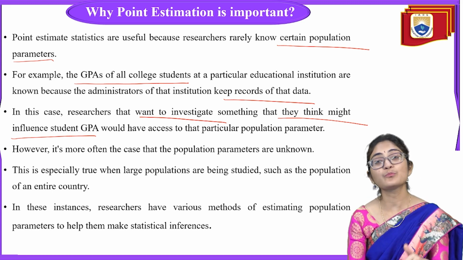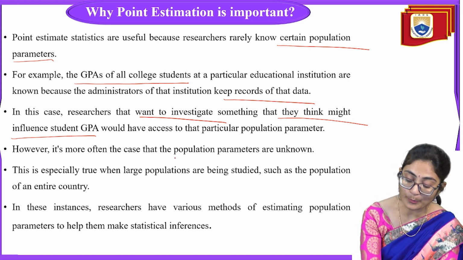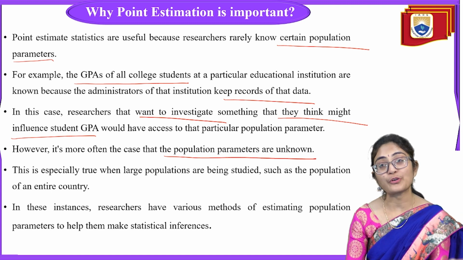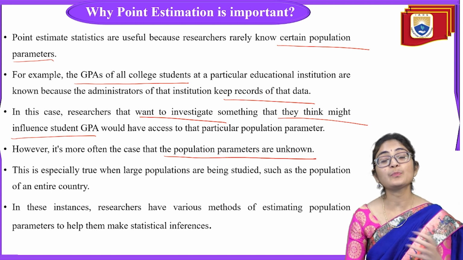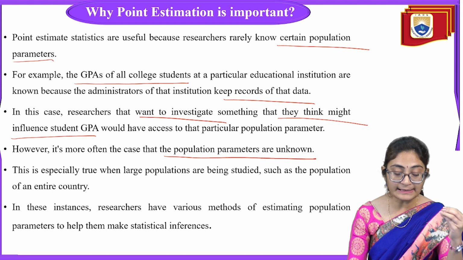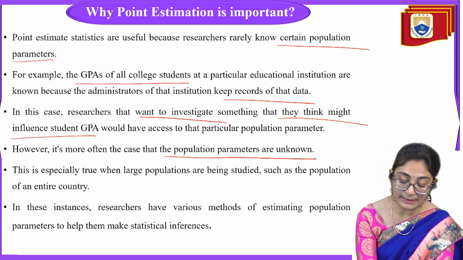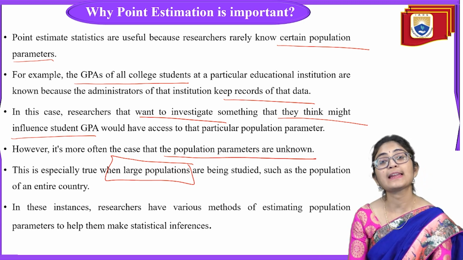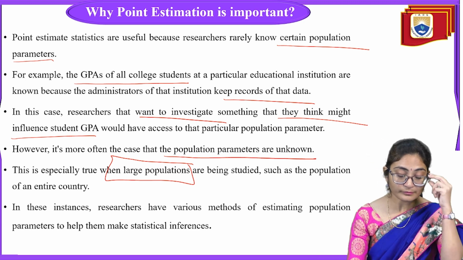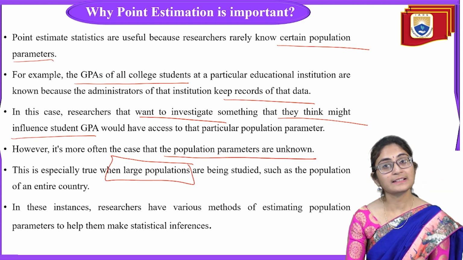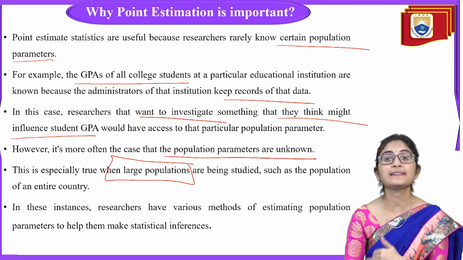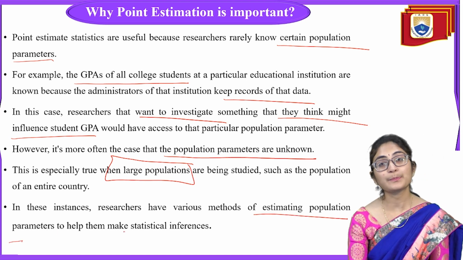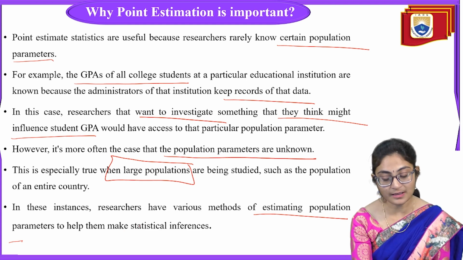However, it's more often the case that population parameters are unknown. When we have to find a point estimate, the population parameters should be unknown. This is especially true when large populations are being studied, such as the population of an entire country. In these instances, researchers have various methods of estimating population parameters to help them make statistical inferences.